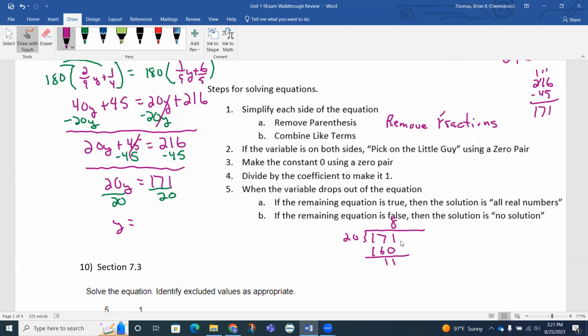If I add a 0, bring it down, and put my decimal point there, what times 20 gets me close to 110? That's 5, since 5 times 20 is 100. Come down with a 10, add another 0, and 20 goes into 100 five times. So it looks like 8.55 if I use decimals. If I'm leaving it as a fraction, you could also leave it as 171/20 if it's not asking for a decimal. That fraction doesn't even reduce.